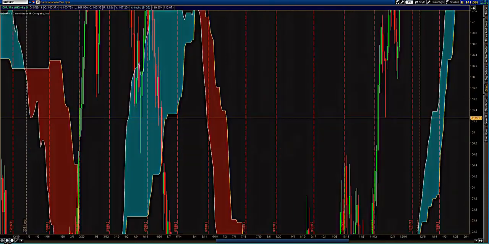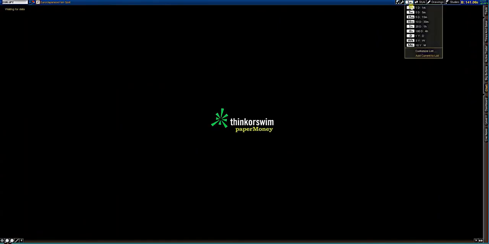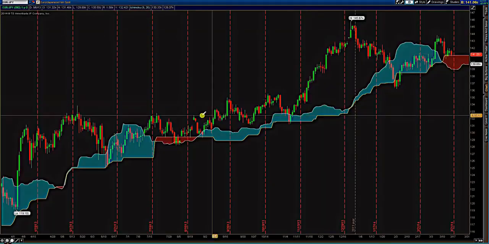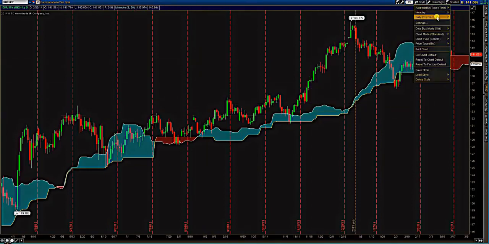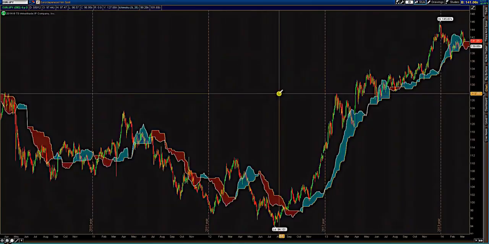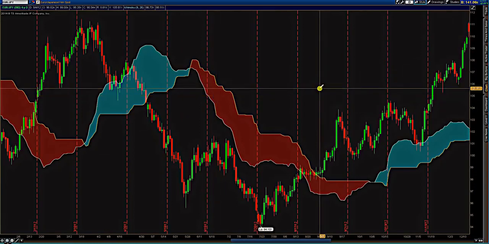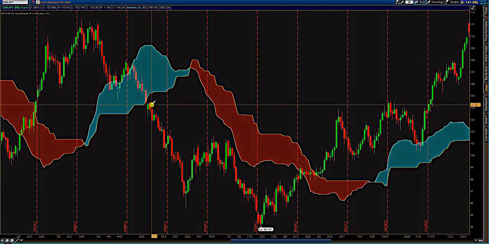Now we'll zoom in a little bit, maybe not that much. So now we broke below the cloud at 104.26.